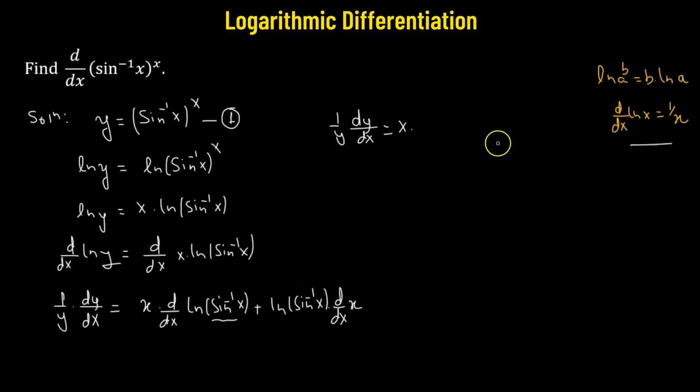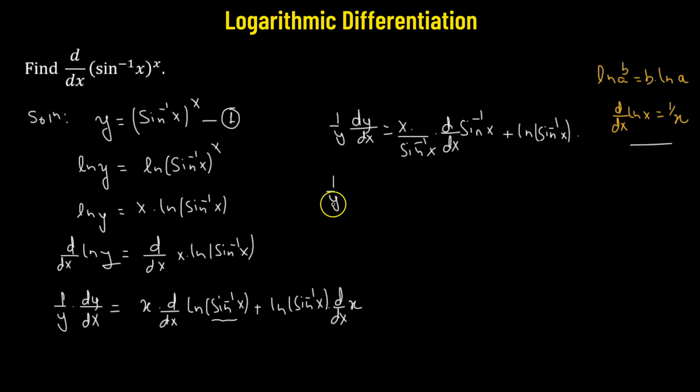If we use this particular formula, then we should have x divided by sine inverse of x. But since this is not x but sine inverse of x, we'll have to use the chain rule. We'll multiply it by the derivative with respect to x of sine inverse of x, plus log of sine inverse of x multiplied by the derivative of x with respect to x, which is simply equal to 1.